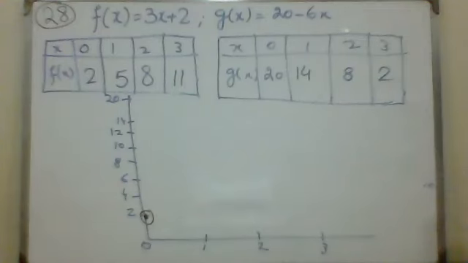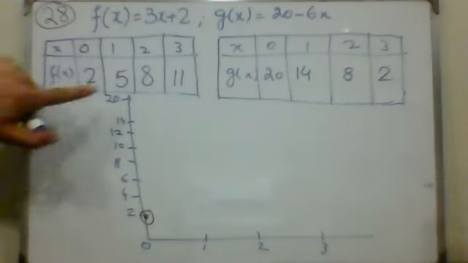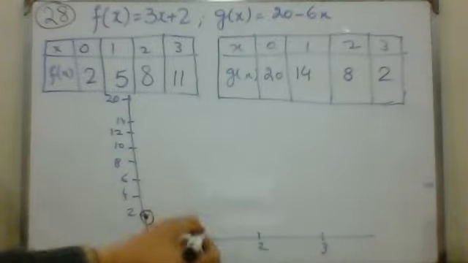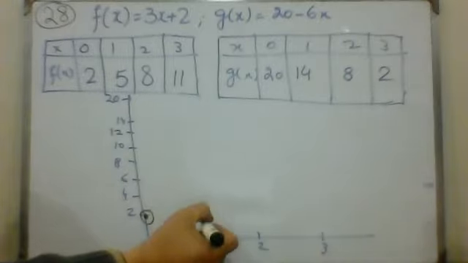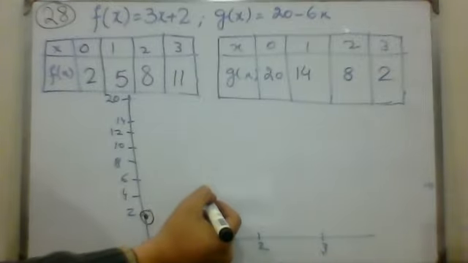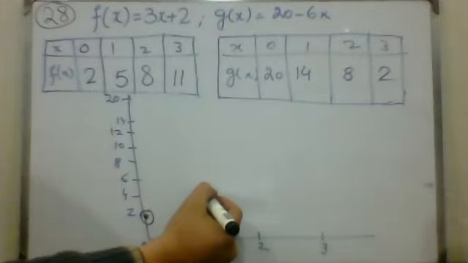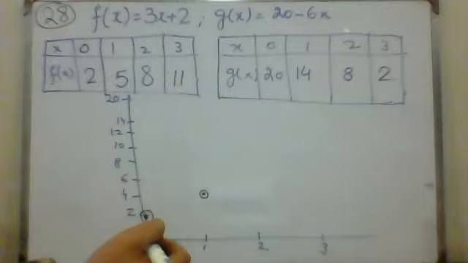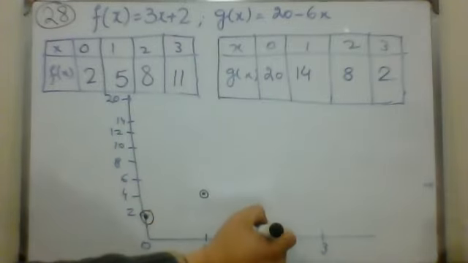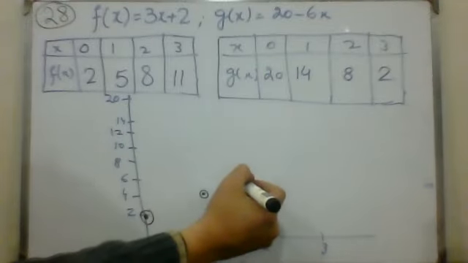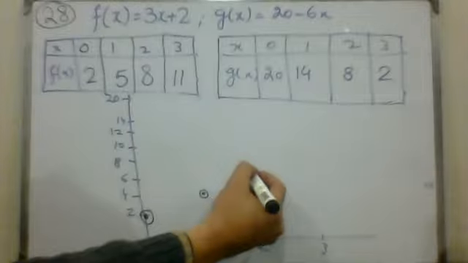Second point: when x is equal to 1, we get answer 5, which lies between 4 and 5. So that is another point. When we put 2, we get answer 8, which is exactly at 8 here.